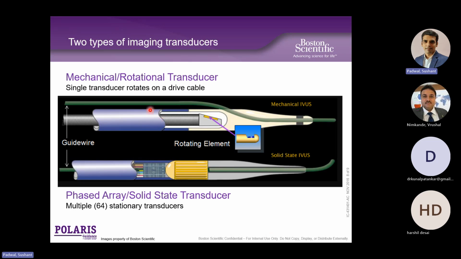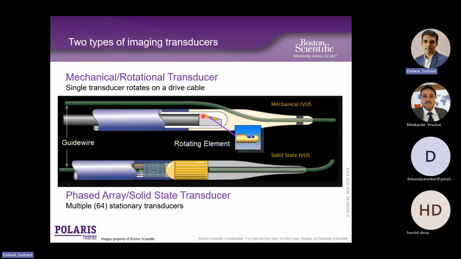These are the two different catheters which we can see. The first one is the rotating mechanical IVUS catheter, and the next one is the solid state IVUS catheter, wherein a stack of transducers are placed one over the other in circular form, which fire at the same time to generate an image.